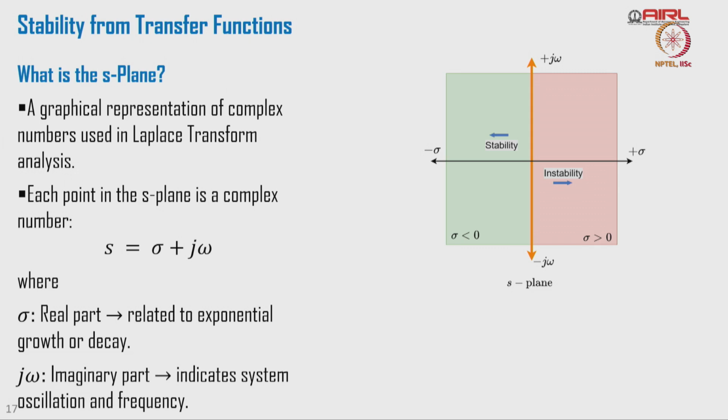This much we have discussed. Now, I am giving you one interesting idea here. I am telling that when the sigma is greater than 0, then it leads to instability. That means, the system with sigma greater than 0 will become unstable.